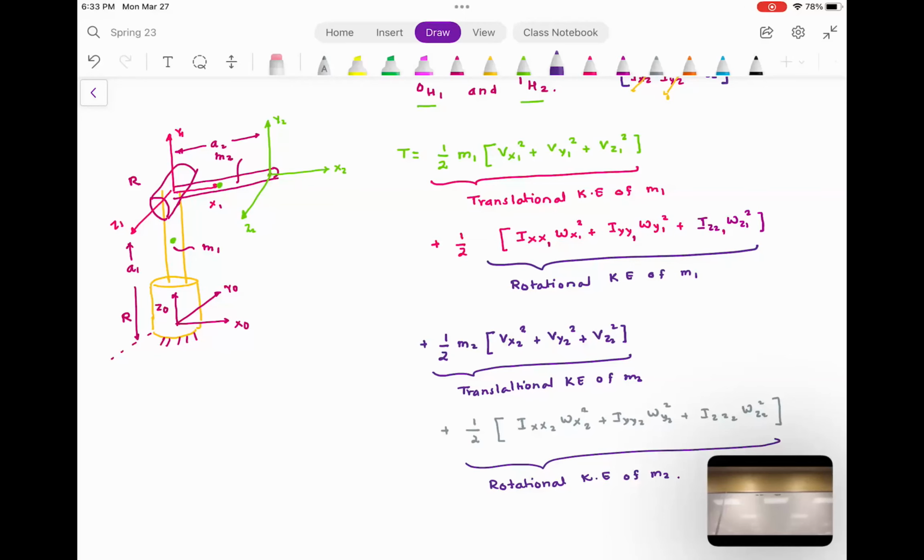What I want to show you here is that kinetic energy and potential energy are derived in the inertial frame.